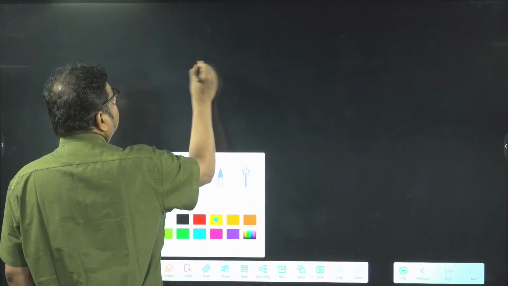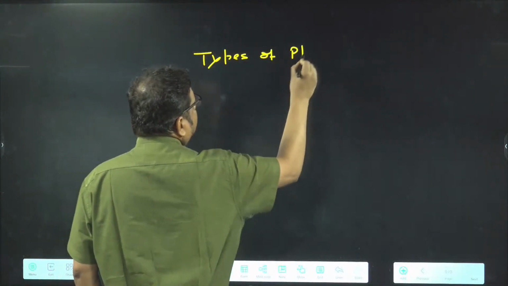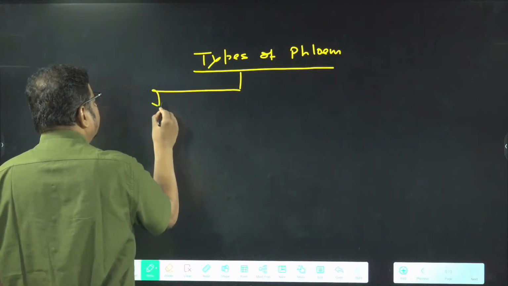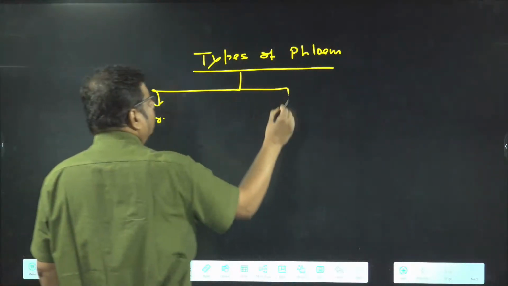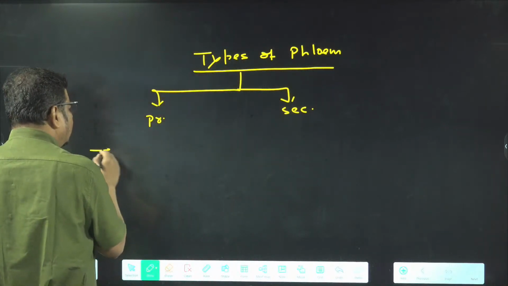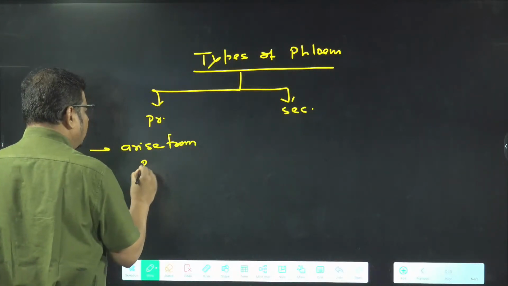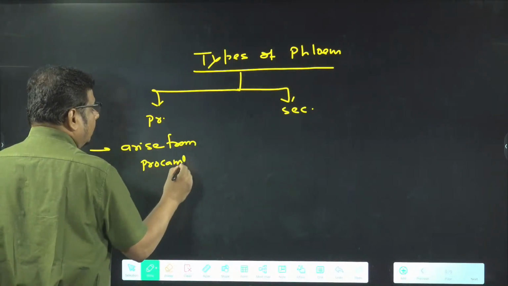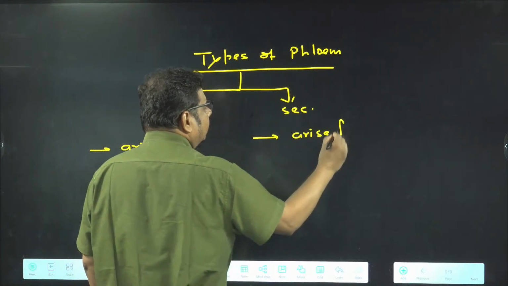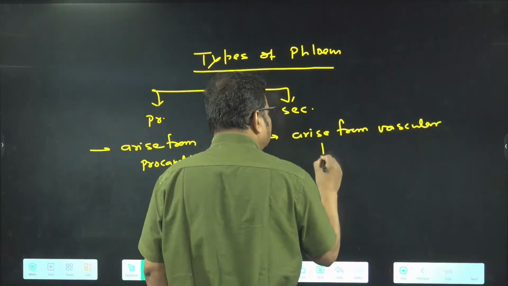Same as the types of xylem, here also I am writing which phloem? Primary phloem, secondary phloem. Primary phloem here also arises from, tell me, procambium. And secondary phloem arises from vascular cambium.